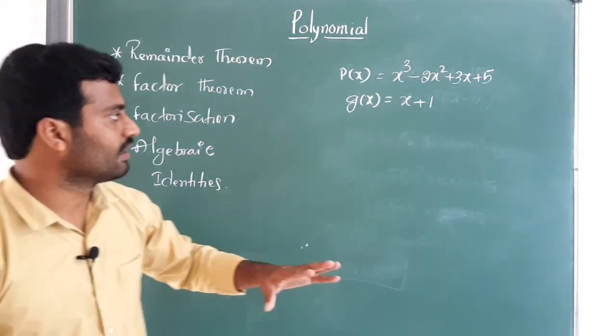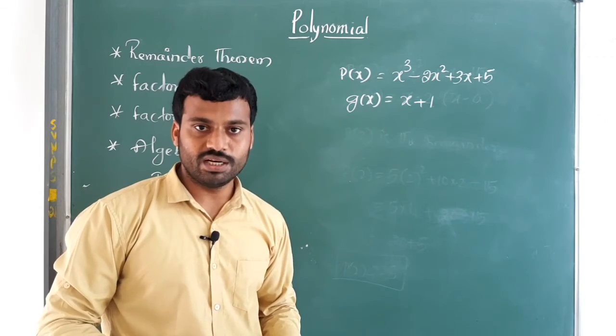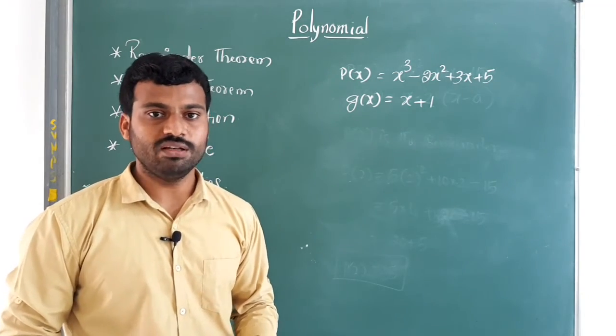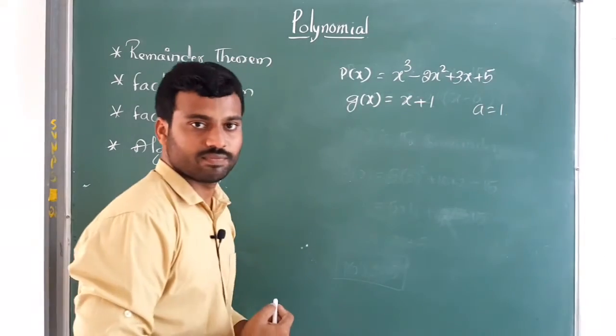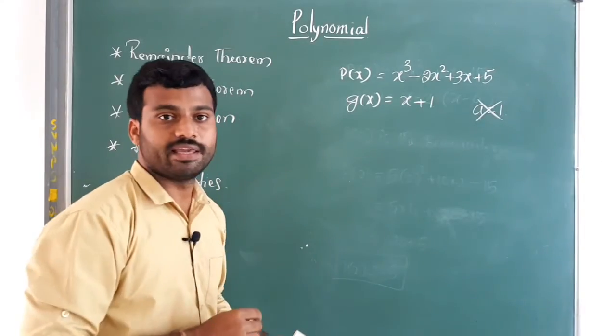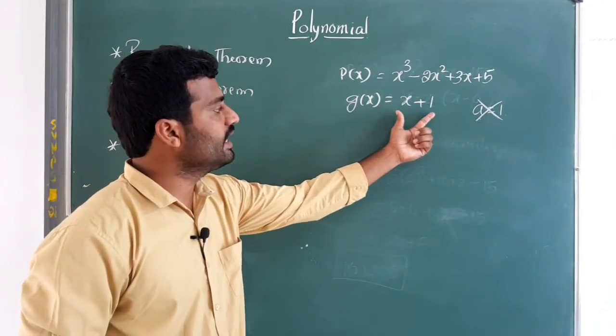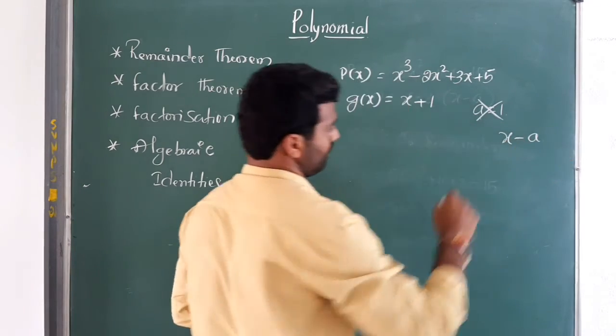First, tell me the a value. Is the a value 1? No, wrong. Why? Because the linear polynomial should be in this manner, x minus a.